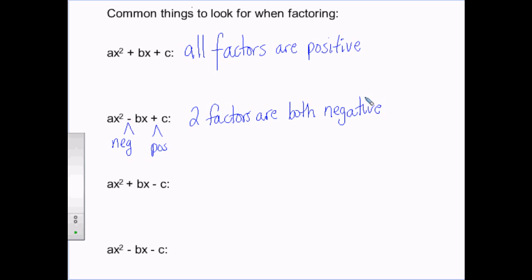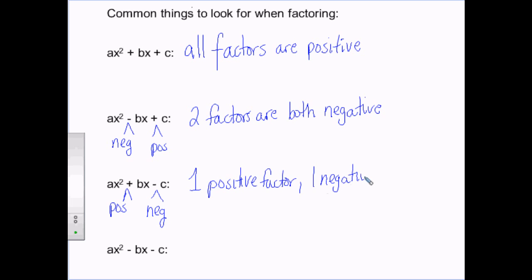Okay, so if it's negative and then positive, you have two negative factors. If it's positive and then negative, you're going to have one positive factor, one negative factor, and the positive factor is going to be the bigger number.